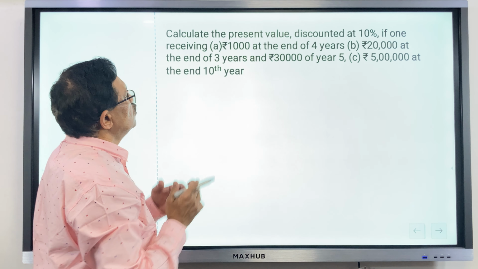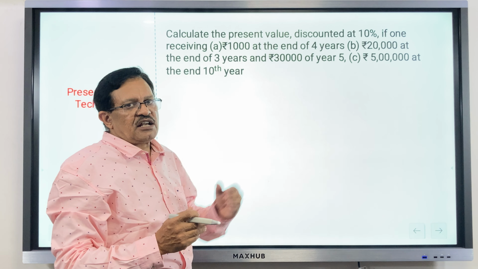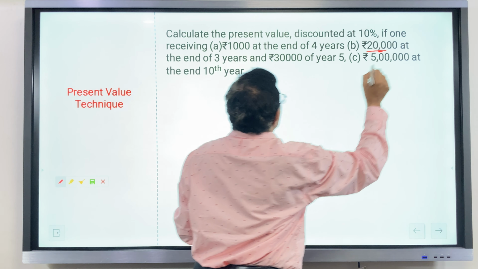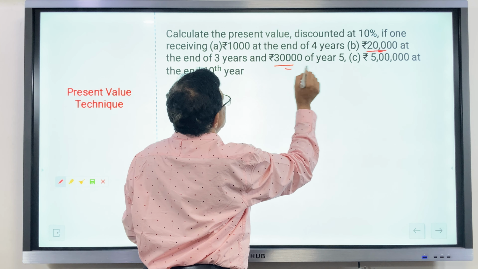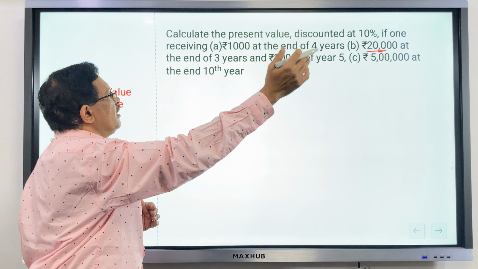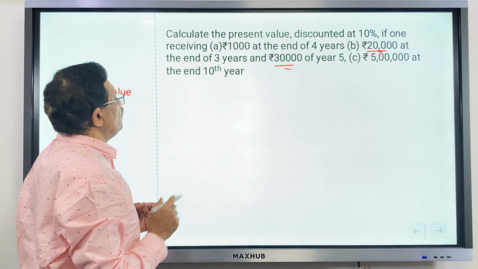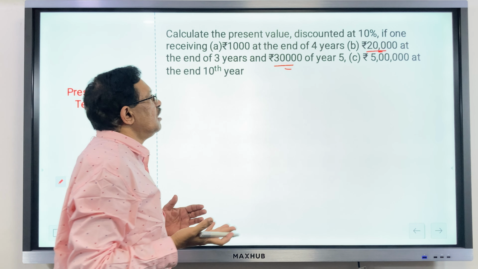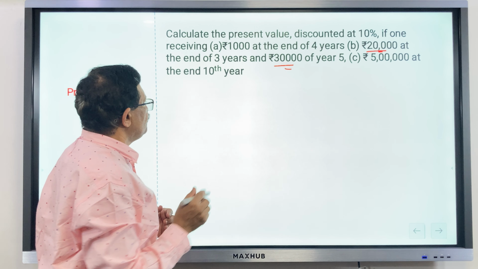We need to find out the present value of the first cash flow, and also the present value of the second cash flow, which is coming at the end of fifth year. We can extend the previous formula and use the same formula to compute this.